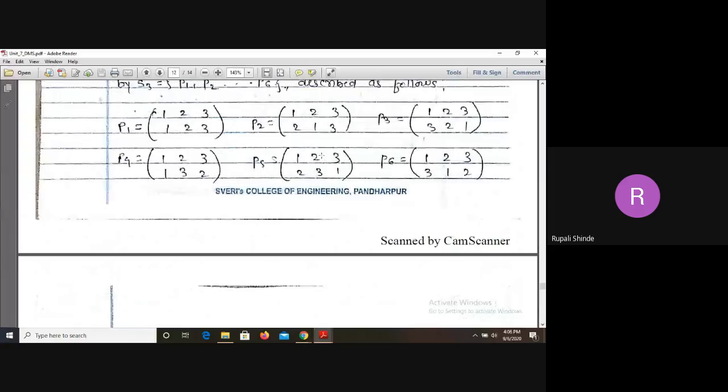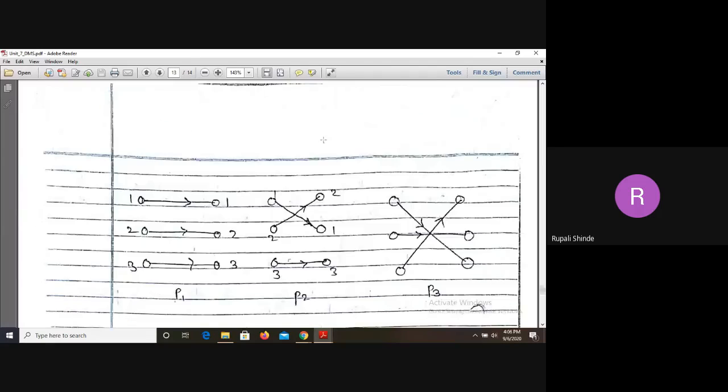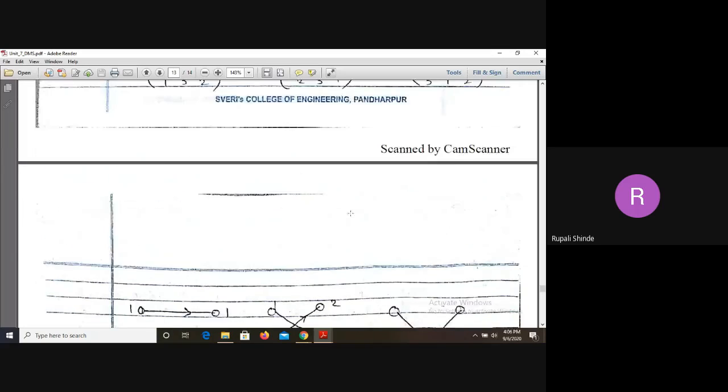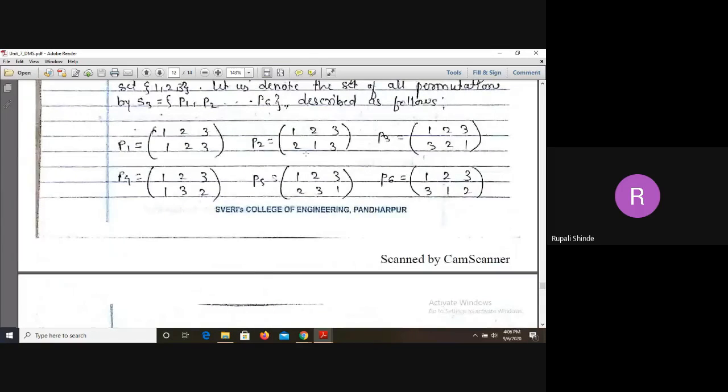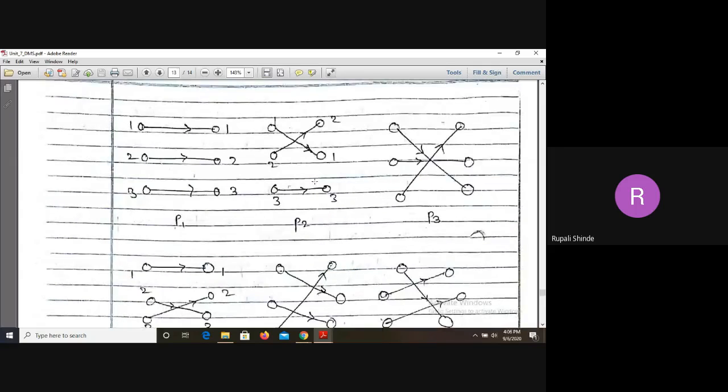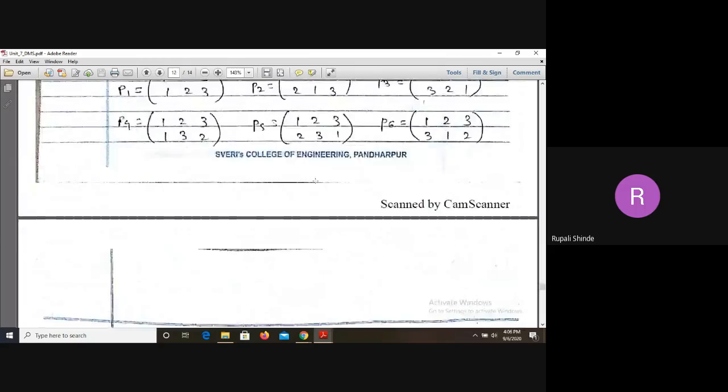Likewise we can represent permutation P2 as 1, 2, 3, 2, 1, 3. It means 1 is mapped into 2, 2 is mapped into 1 and 3 is mapped into 3. So that is represented here. Sorry, I think something is wrong here.